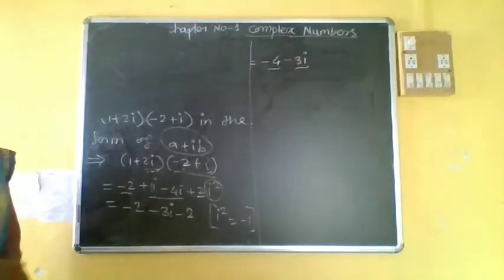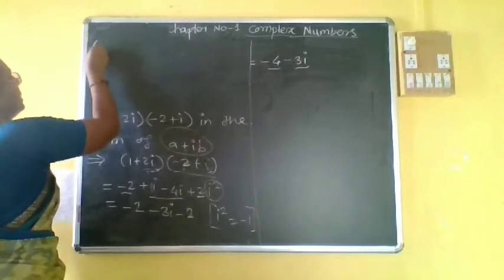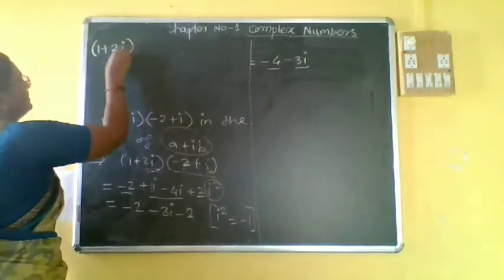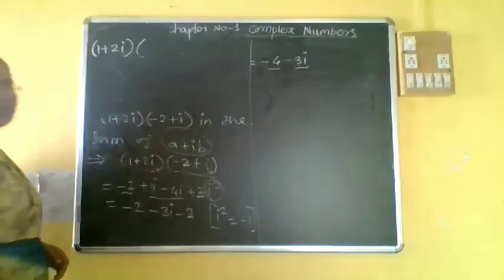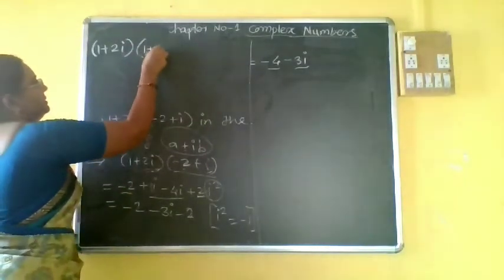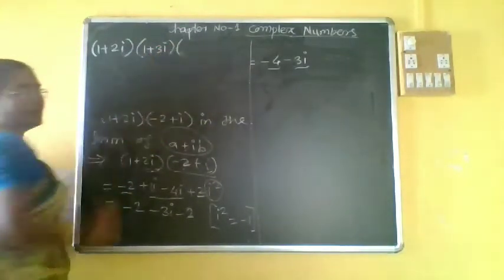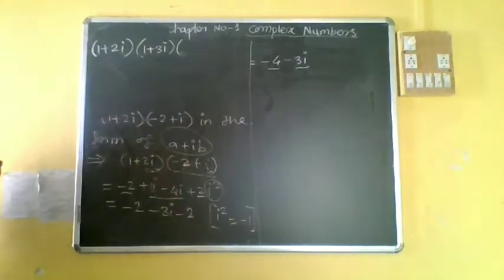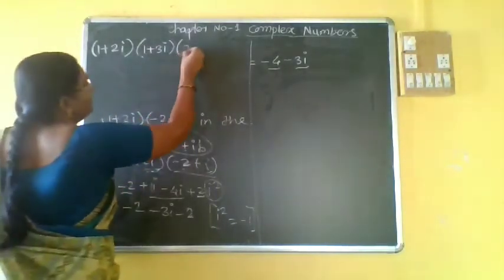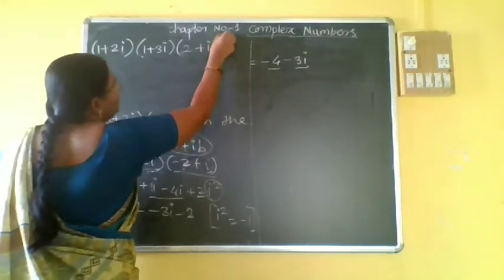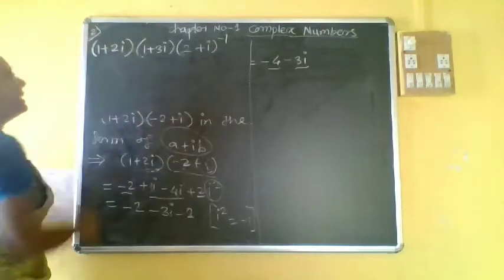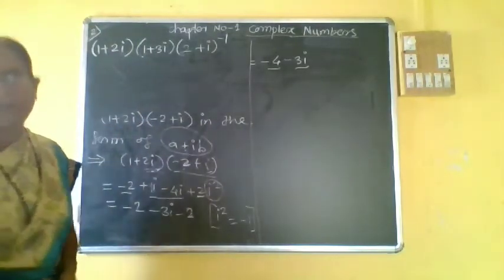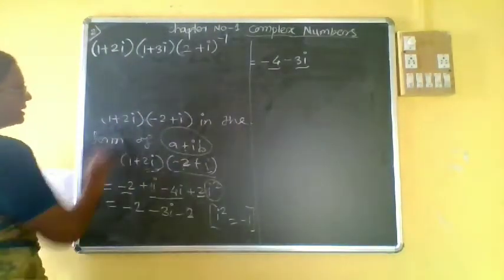Let us take the second example: (1 + 2i) into the second bracket (1 + 3i) into the third bracket. How to multiply three brackets? The example is (1 + 2i)(1 + 3i)(2 + i)^-1. This is another example.